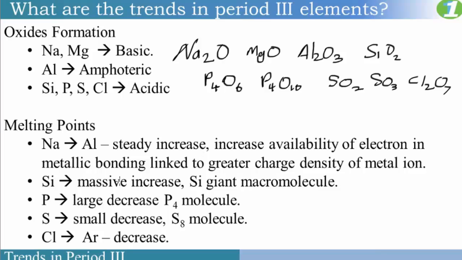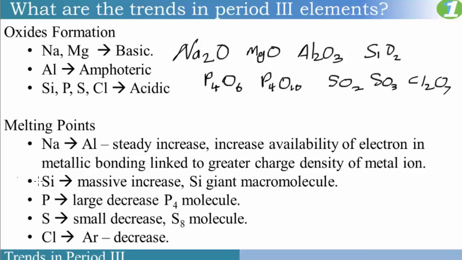Silica will have a very large melting point because the structure that is formed is a giant molecule. Now we call it a macromolecule because it is a very large molecule formed from the covalent bonding between the atoms of Si and oxygen. As you go across, you will notice that the melting point will decrease because we're moving from metallic bonding to covalent bonding, in terms of giant macromolecules to simple molecules.